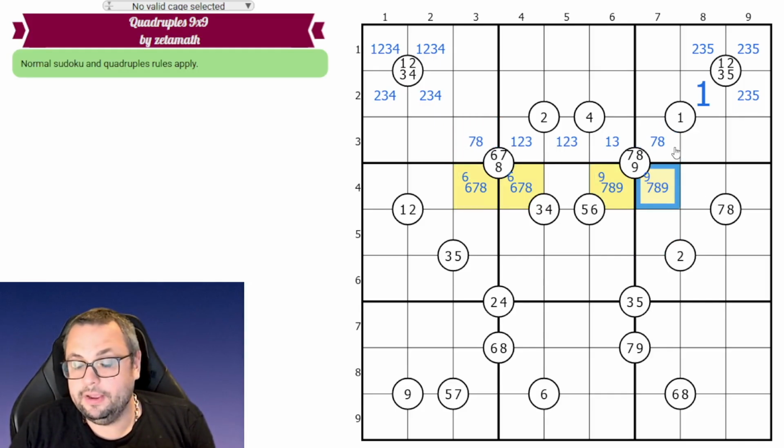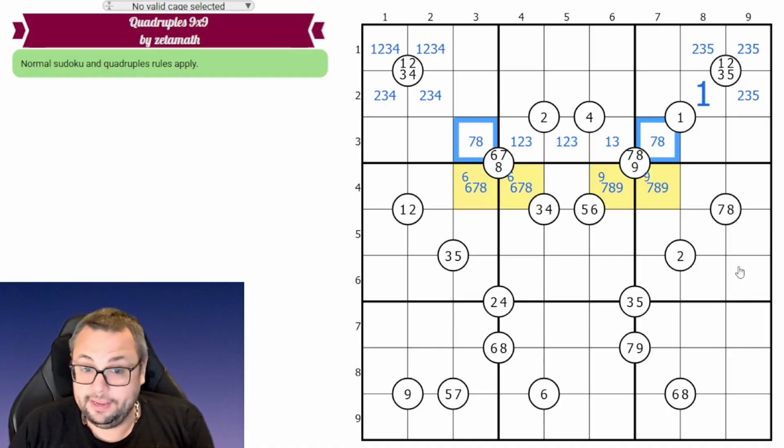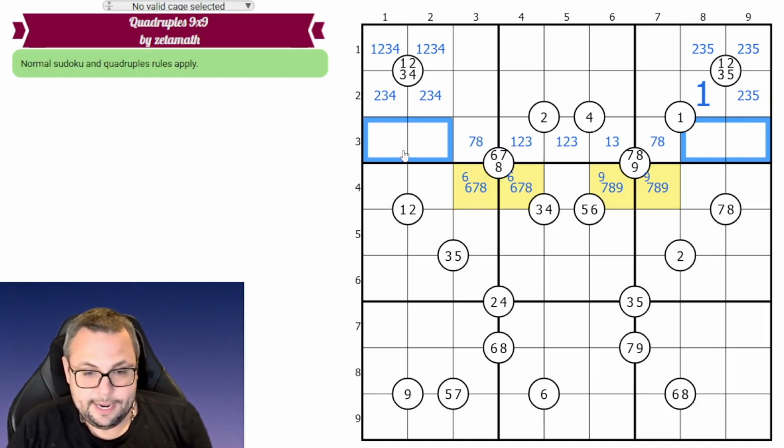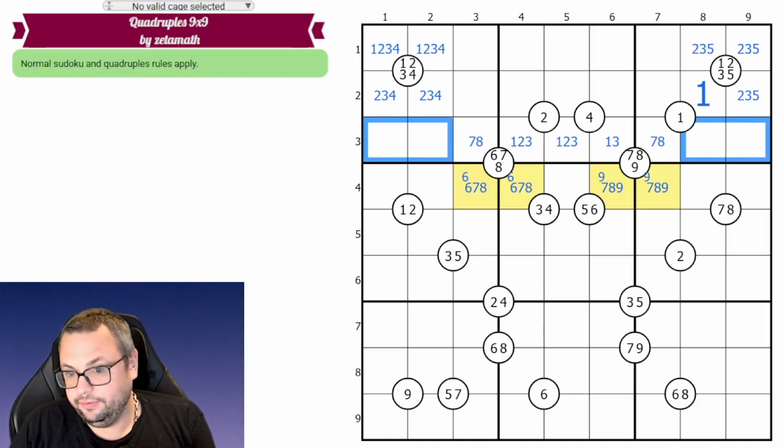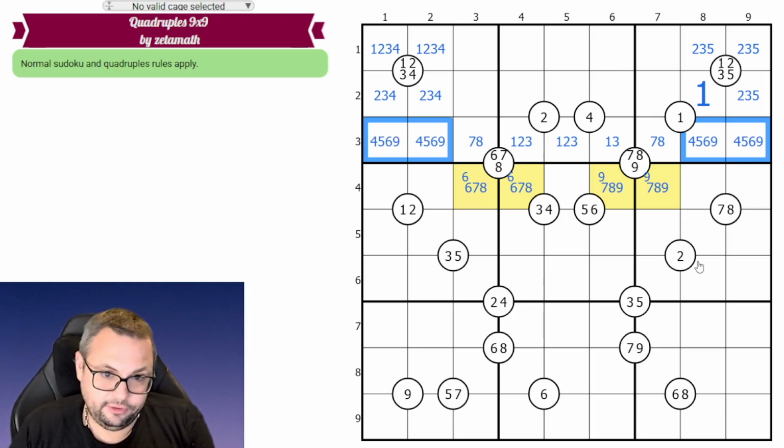And that's actually bought me a few things. One thing it's bought me is a 7, 8 pair in row 3. And so these 4 cells, sorry, these are a 4, 5, 6, and 9, if you wanted to keep that in mind.